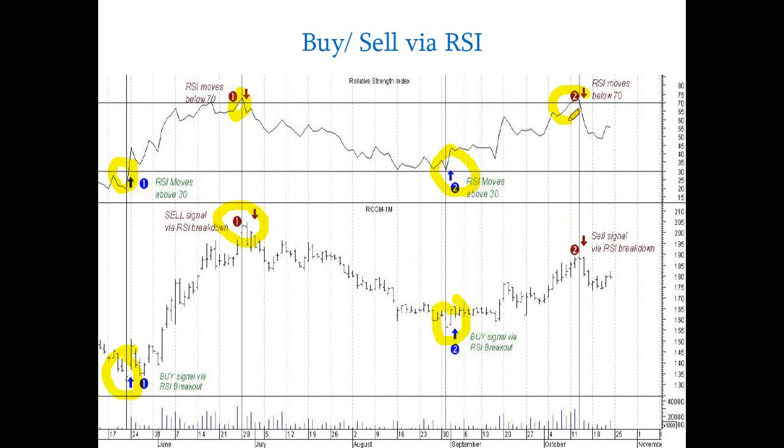When the RSI broke below 30, it gave a sell signal. So it's a very simple and easy technique known as RSI, relative strength index, which could be used very effectively in intraday, daily, weekly or hourly charts.